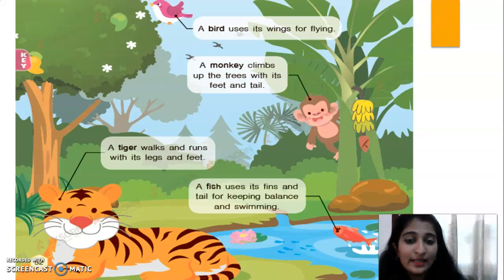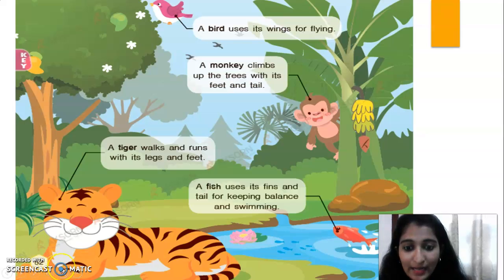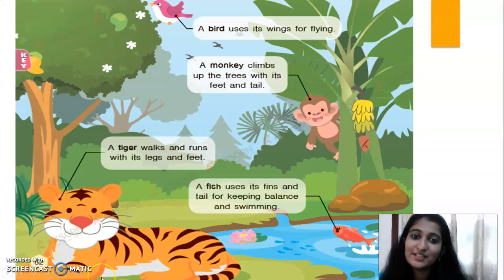Monkeys have a tail and feet, so they climb up the trees and eat whatever they like. A tiger walks and runs with its legs and feet.